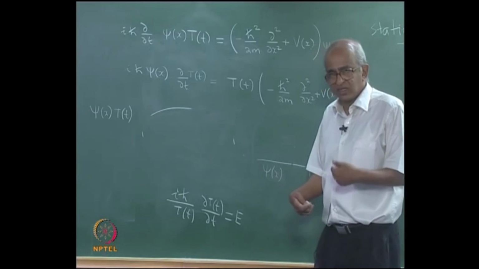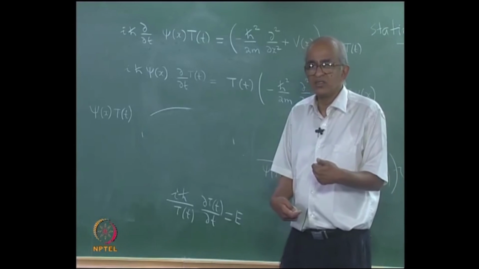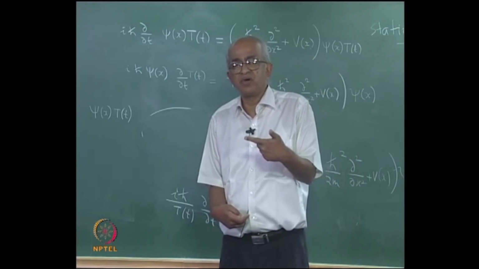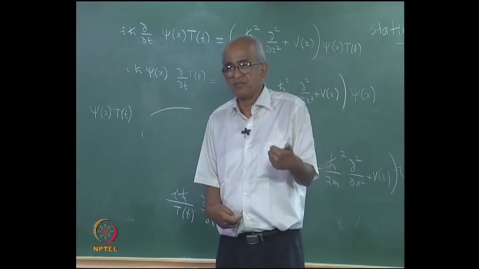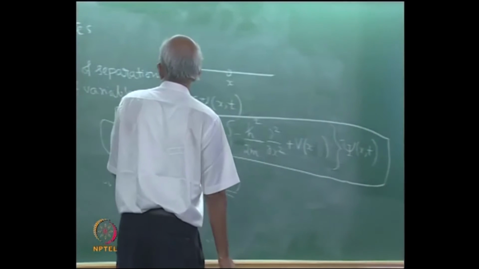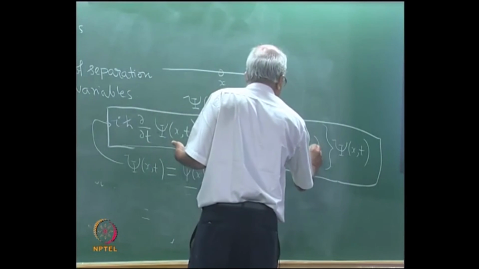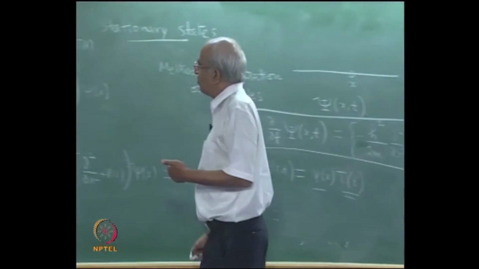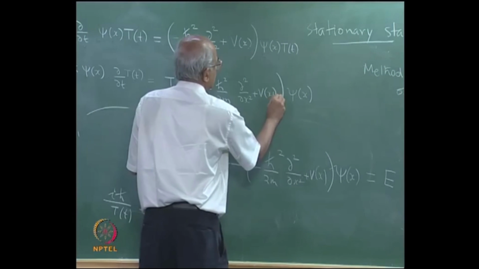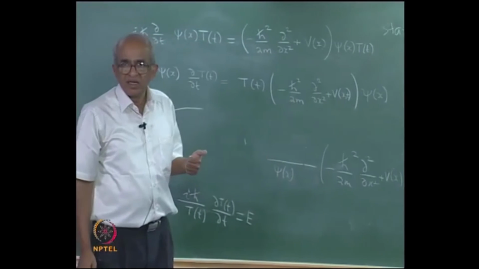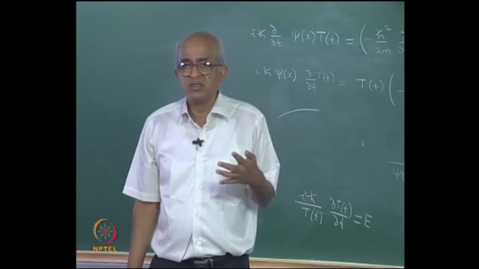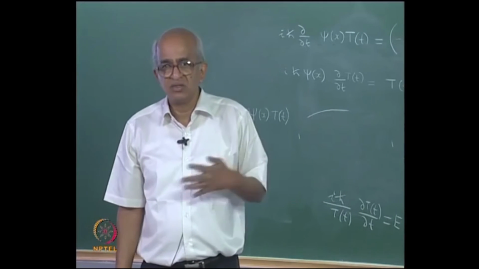Now, a crucial thing to notice is, would it have been possible if V depended upon x and time? If V depended upon x and time, suppose you had t here, what will happen is that you will have t sitting there in this equation, and the argument of this method of separation of variables will not hold good.